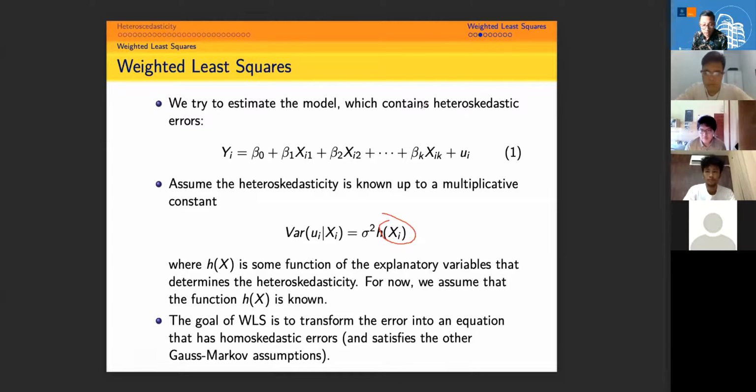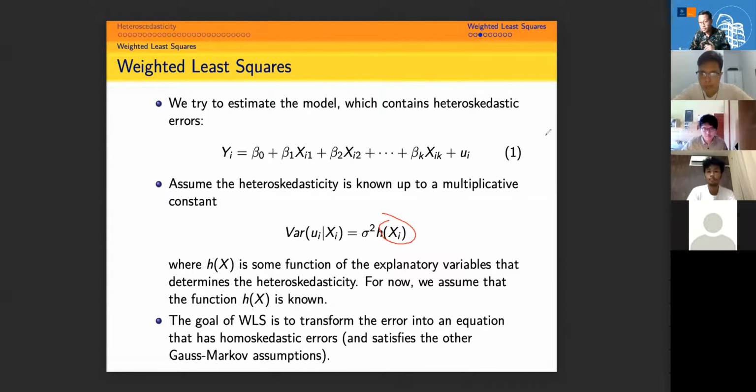The goal of WLS is to transform the error into an equation that has homoscedastic error. By theory, if you assume the following h function and transform the error given that function, then we're going to get an estimation that satisfies the Gauss-Markov assumptions, particularly the homoscedasticity assumption.